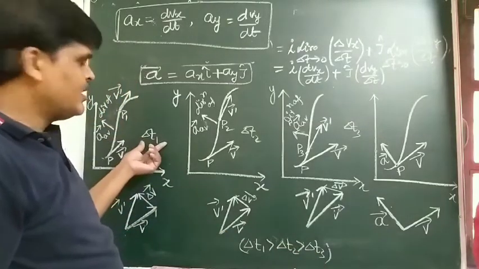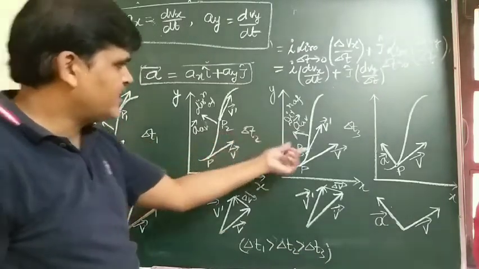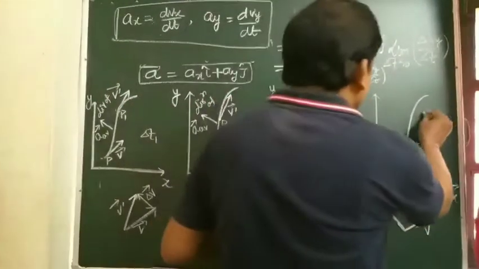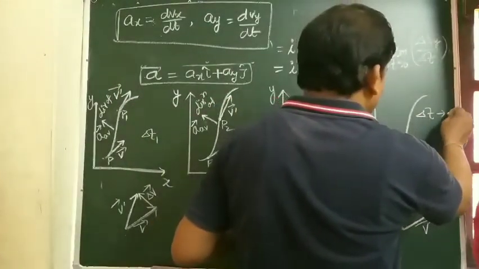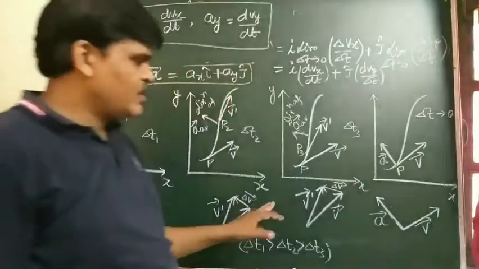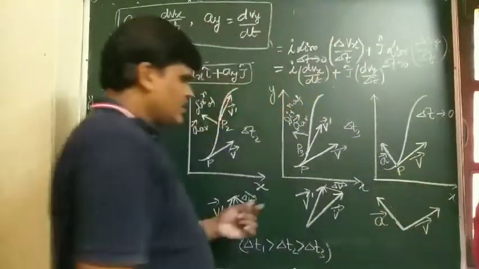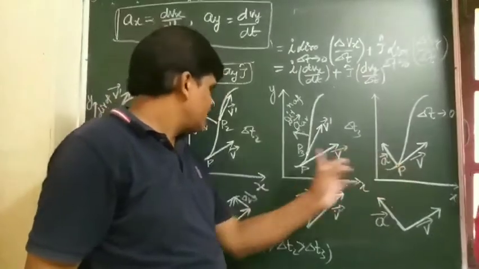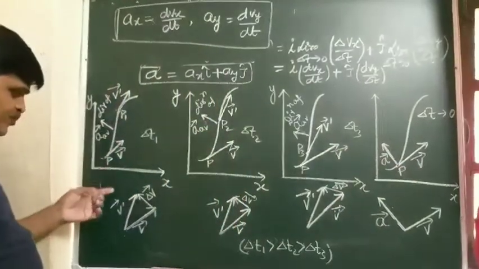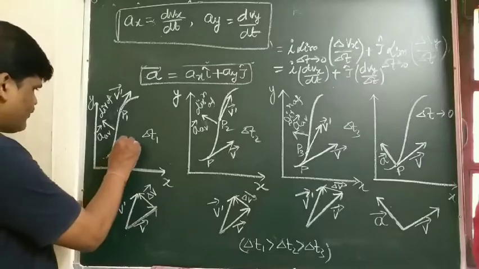It means the time interval continuously decreases, and here delta t tends to 0.